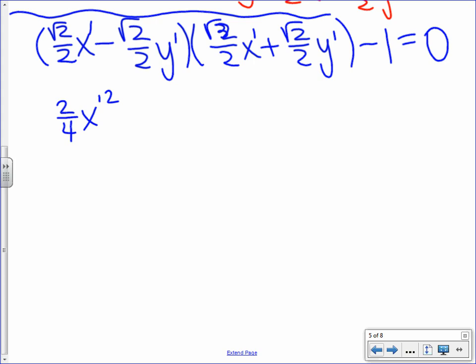Our outside product, 2/4 x prime y prime. Our inside product. And our last.